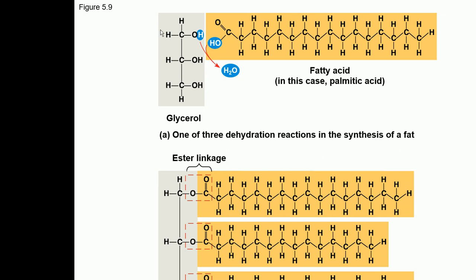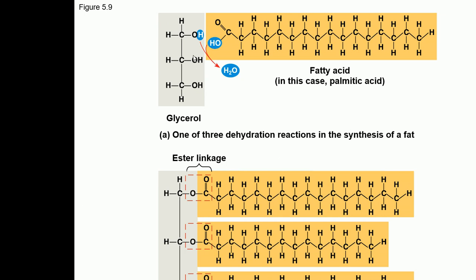So here, at this hydroxyl, is attached the first fatty acid. For linking this fatty acid to the hydroxyl group in the glycerol, the fatty acid is going to lose an OH group and the glycerol is going to lose an H. Together they lose a molecule of water. So as I said, these lipids are not polymers, but they are made of components, and those components are linked with each other by dehydration reaction.